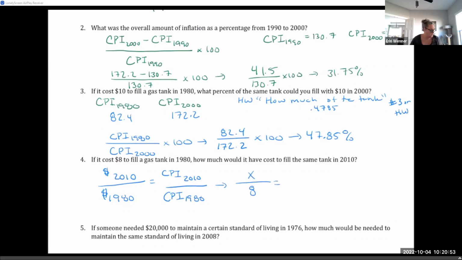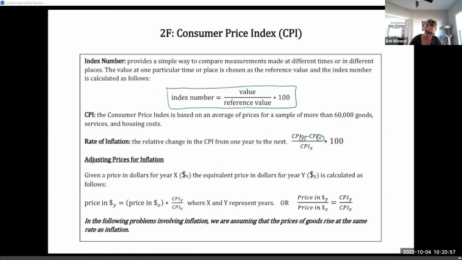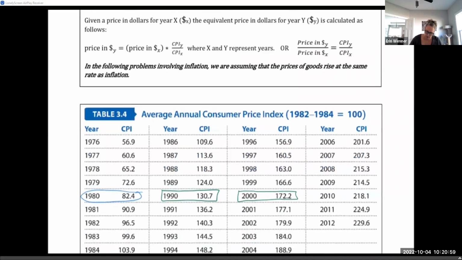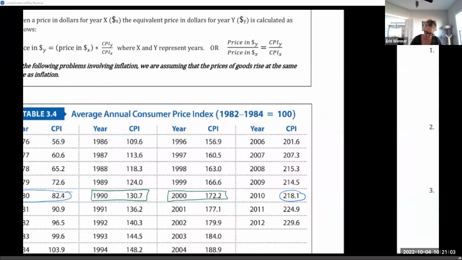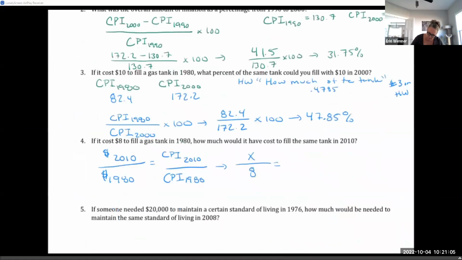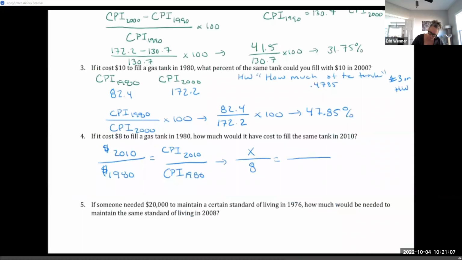The CPI in 2010 was 218.1, and the CPI in 1980, which we keep using, is 82.4. So I want you to cross multiply and divide and send me your answer in a direct message, please.